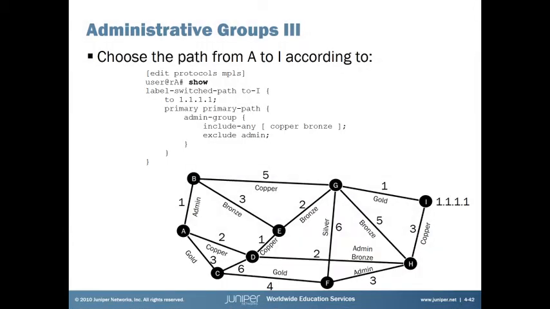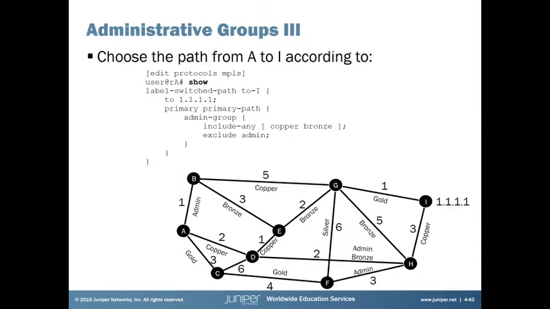Choose a path from A to I according to the primary path. We want to include any copper and bronze, but we want to exclude admin. That means we cannot take any path that is an admin path. So basically, we've got to go copper or bronze.